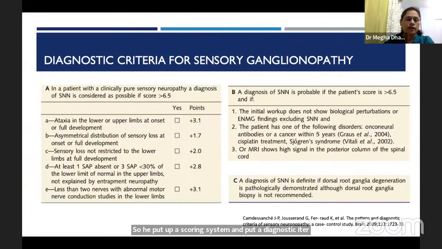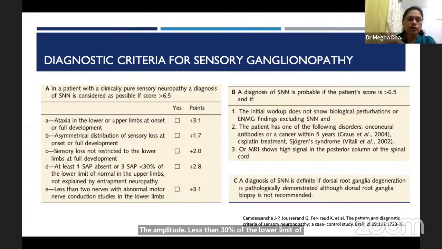Basically, what he has suggested is ataxia. So sensory ataxia, asymmetrical distribution, non-length dependent pattern. That's a clinical criteria. As far as electrophysiology, you need at least one sensory nerve potential, which is absent, or 3 SNAPs with amplitude less than 30% of the lower limit of normal in the upper limbs.